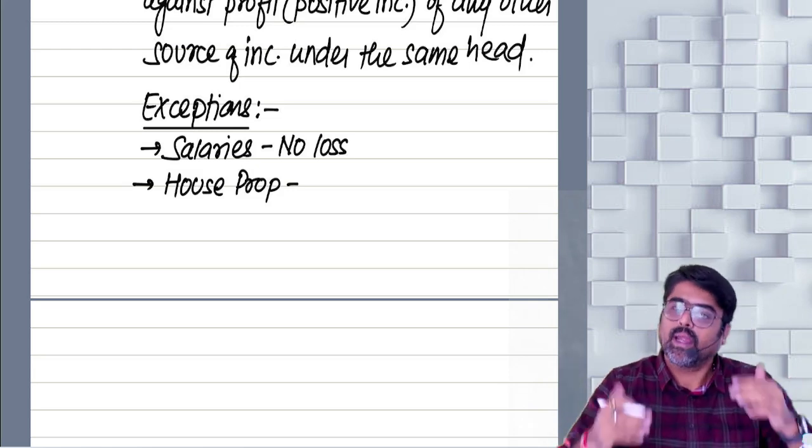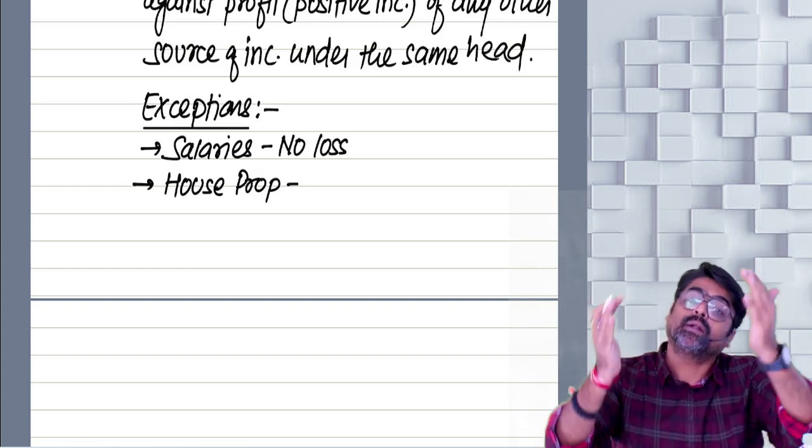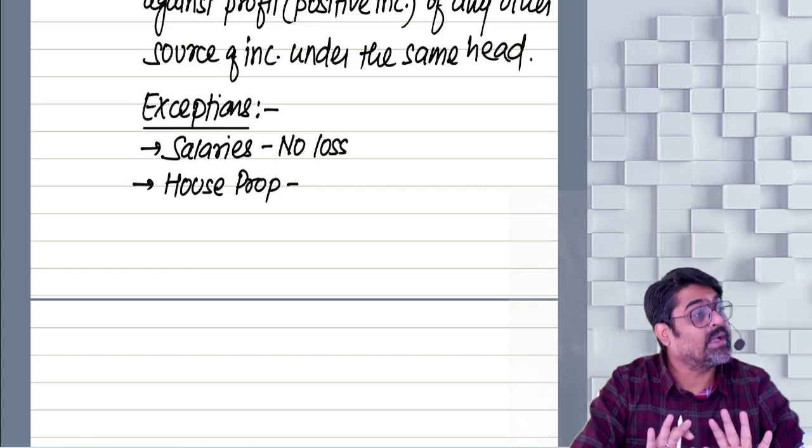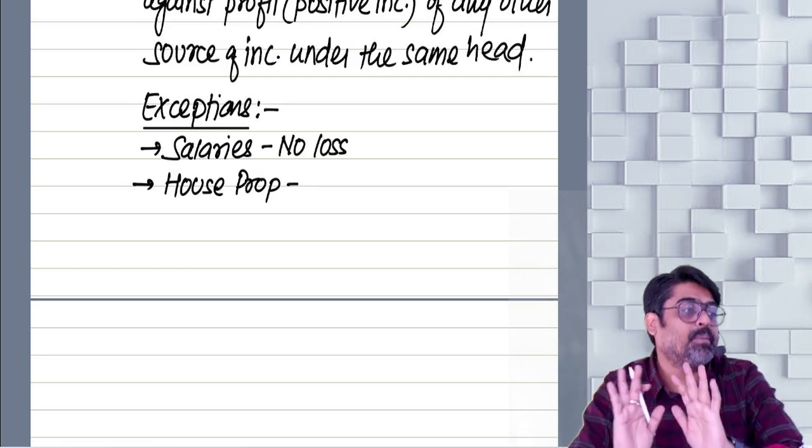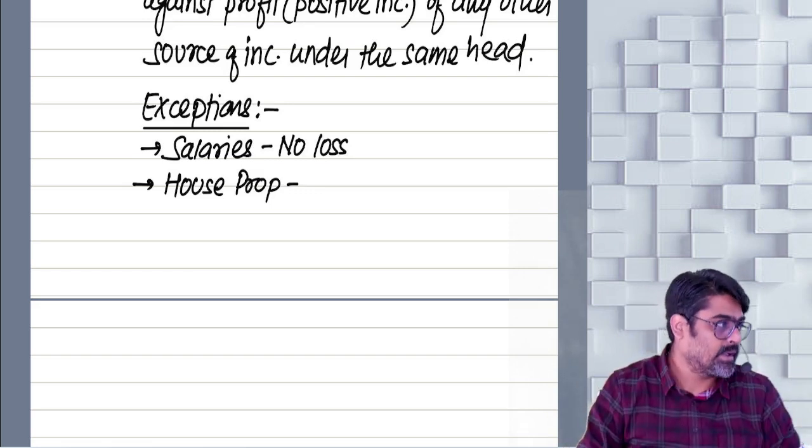Yes or no? Any property's loss under the head house property will be set off against income of any property. There is no restriction. Getting my point?